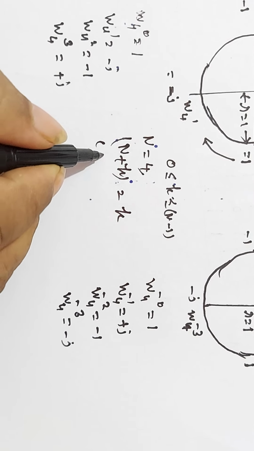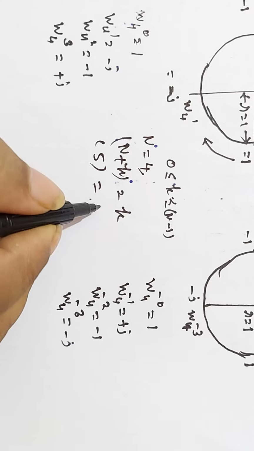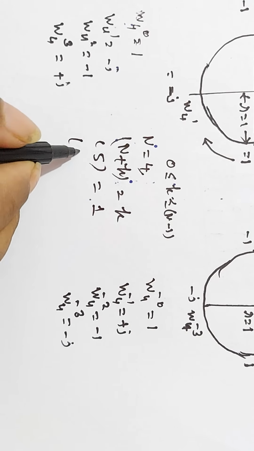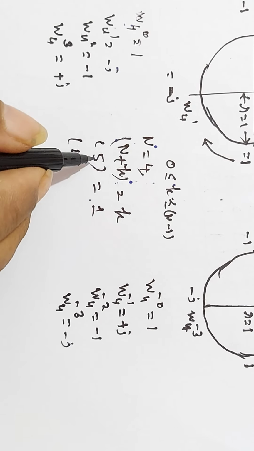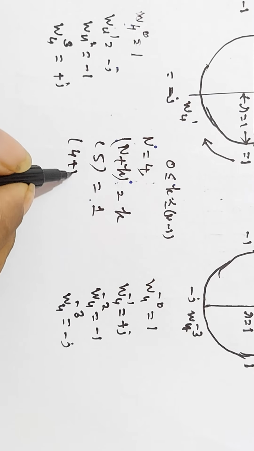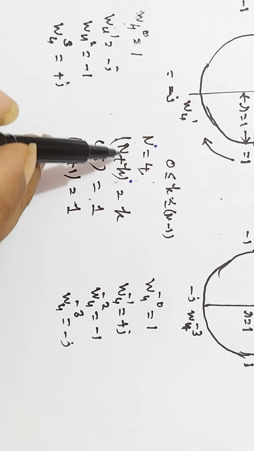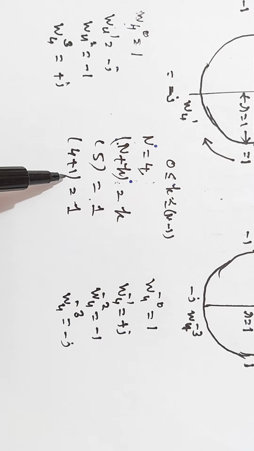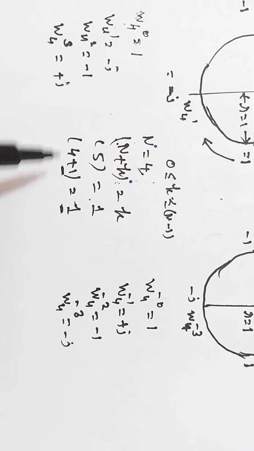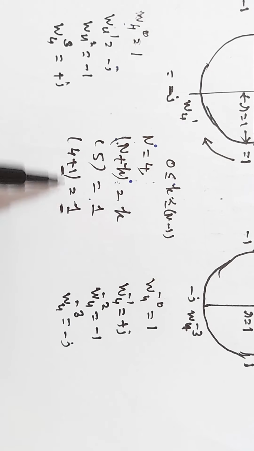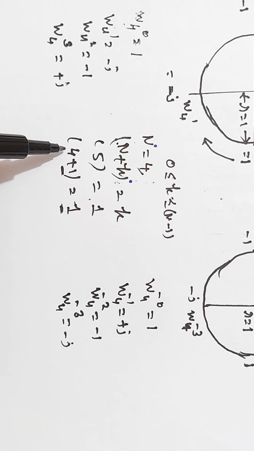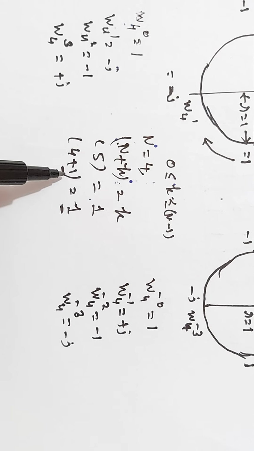So the fifth sample is equal to the first sample itself. Therefore, 5 is equal to 4 plus 1, which is equal to 1. That is, N plus k equals k. This is not a mathematical expression, it is the periodicity of DFT.